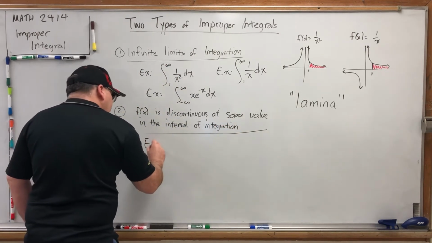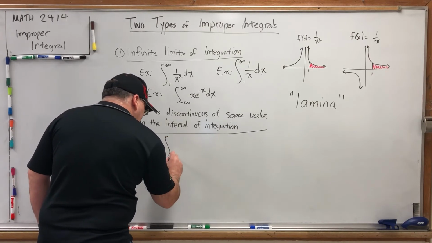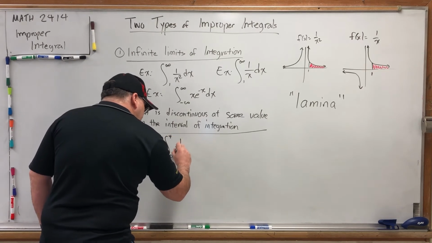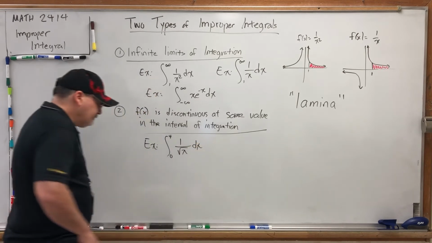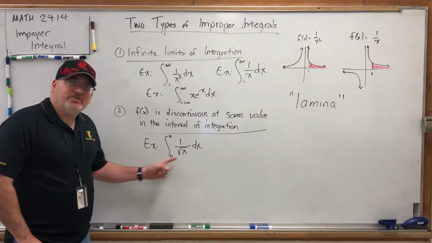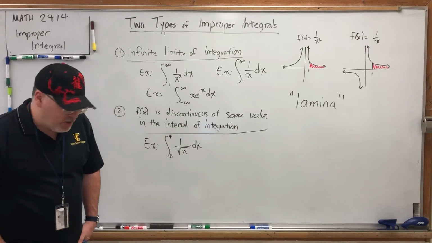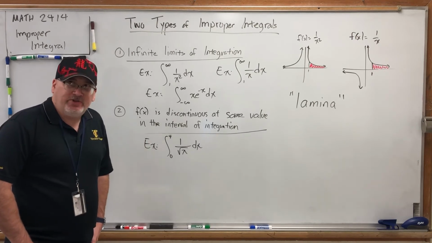For example, let's say we want to evaluate the integral from 0 to 4 of 1 over the square root of x dx. If you'll notice, the function we're integrating is discontinuous at 0 because it causes the denominator to equal 0. But does that mean that this integral doesn't exist?